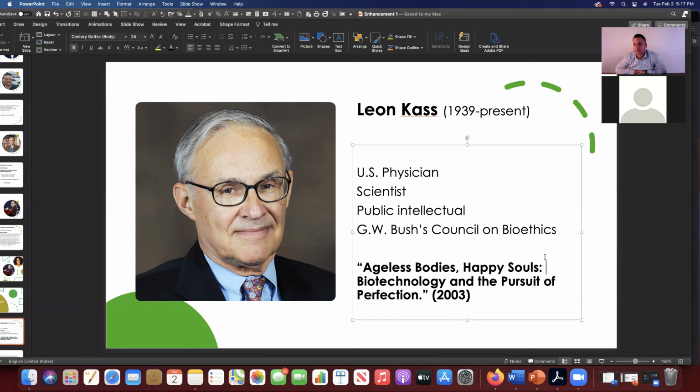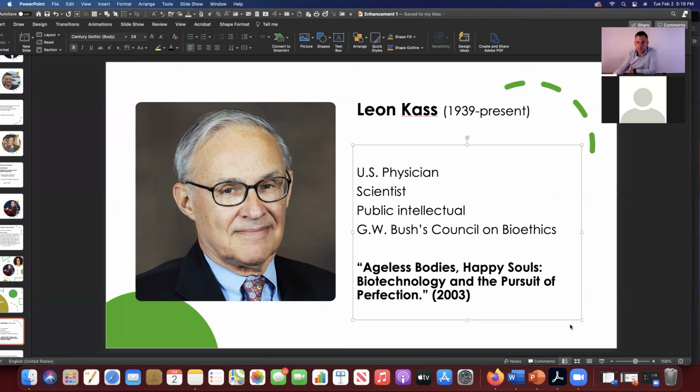But Kass and Bush, following Kass's lead at least in part, I think there were also religious considerations and others that played a role in forming Bush's policies, but they opposed the research and the technology emerging from the research because they took embryos to have significant moral status, even embryos that are 8 cells in size.